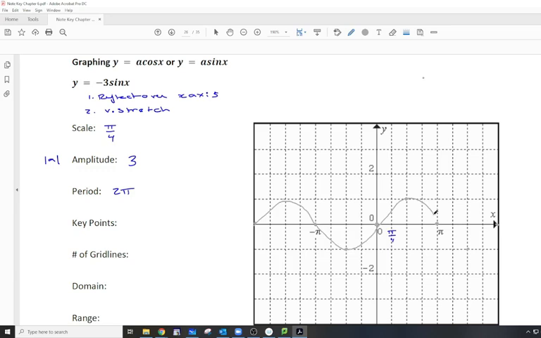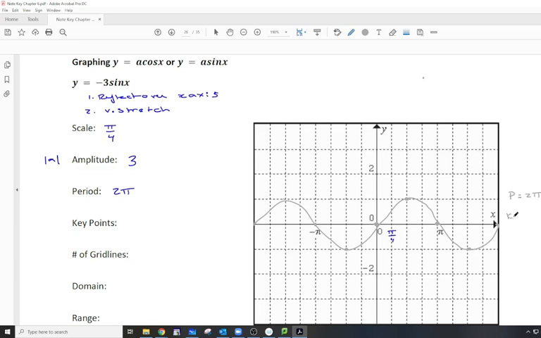For your regular sine x graph that has a period of 2 pi, how many key points did I draw between 0 and 2 pi? Well, there's 1, there's 2, there's 3, and there's 4, because this one's just the start of the cycle again.